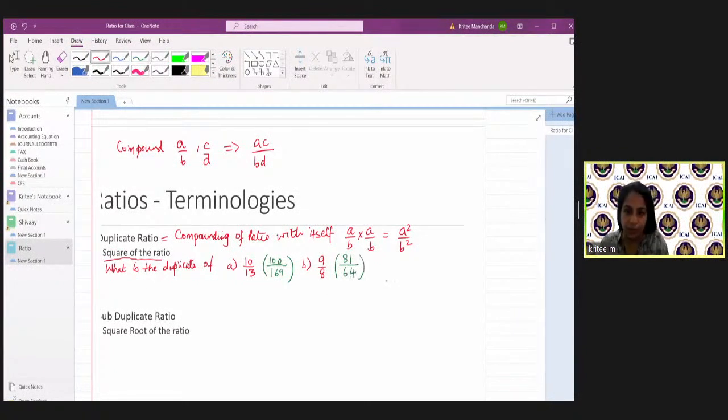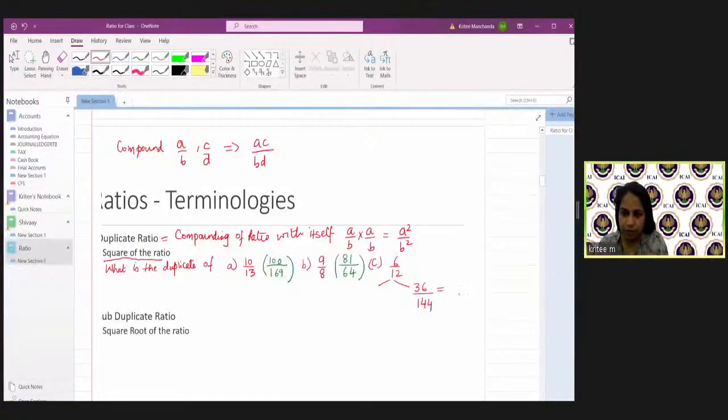Let's do another one. Now this is interesting. 6 by 12. You have two ways of doing it. Simply compound it: 36 upon 144. Or then simplify it. Convert the ratio into simplest form. This is one of the basic rules of using ratios. You should be converting it into simplest form.